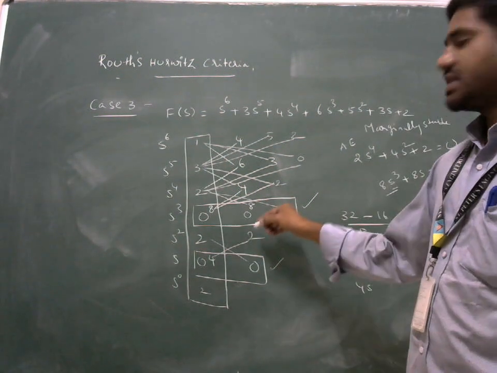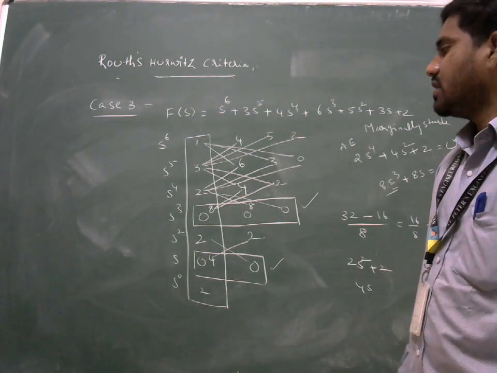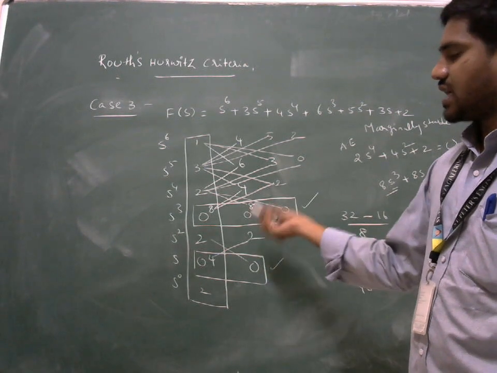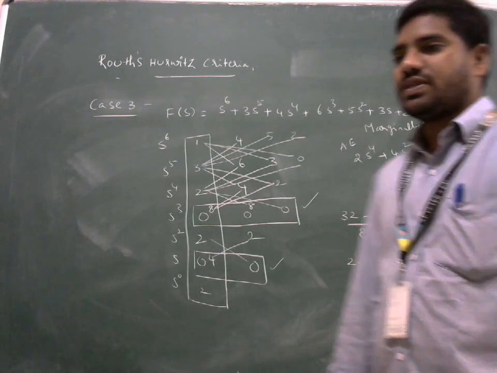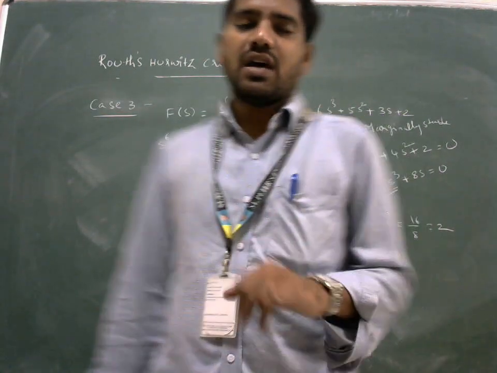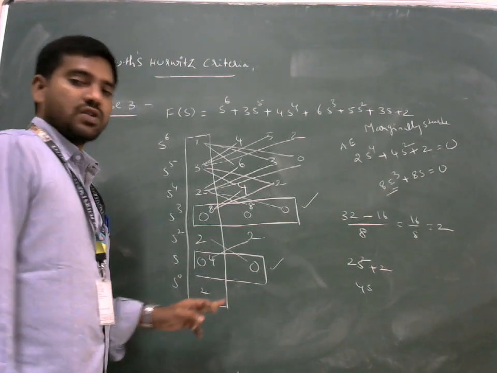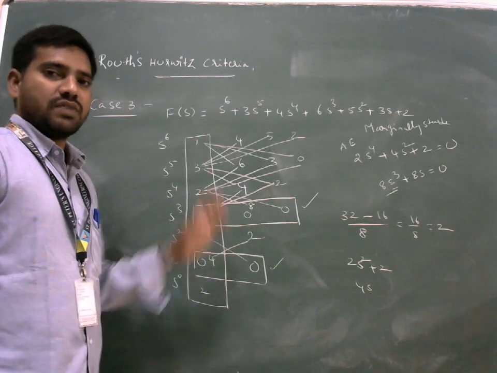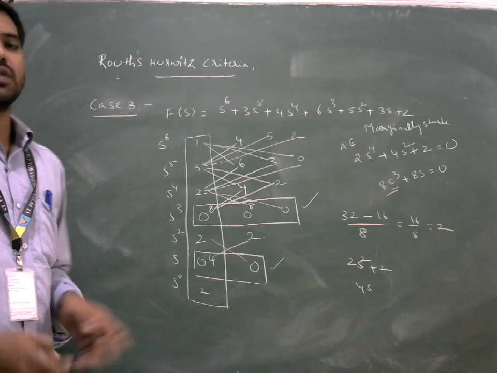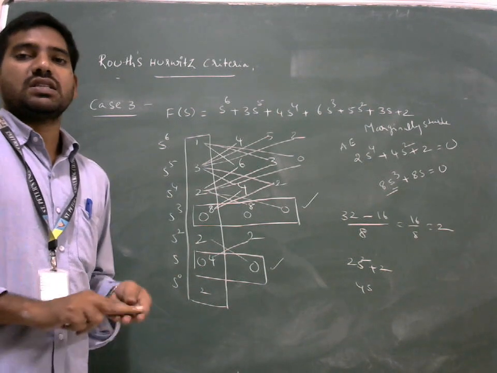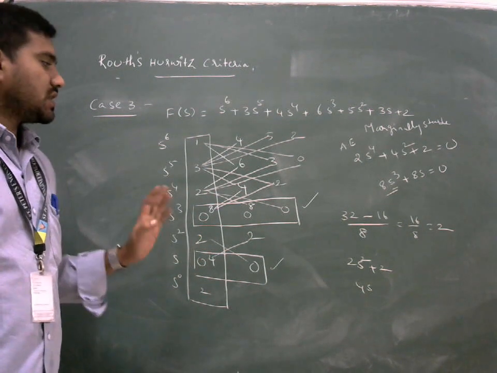Or if there is a sign change, then it is automatically unstable. These are the three cases we discussed. The first case is the normal case. Always we are focusing on the first column. If there is no sign change, we can say that the system is stable. If there are sign changes, the system is unstable. That is the first case.